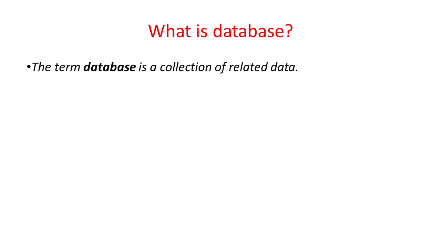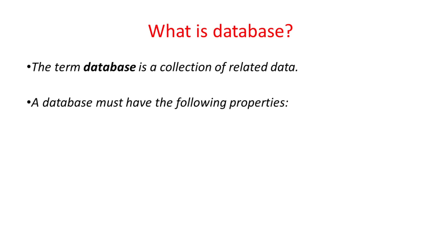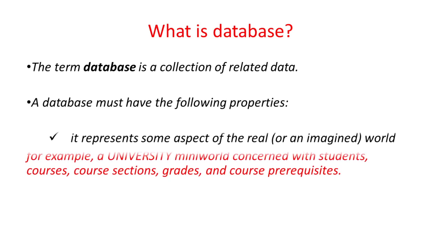Every database will have two important properties. The first property is it represents some aspects of the real world. If I consider a university, that university database will contain the information about students, faculties and courses.